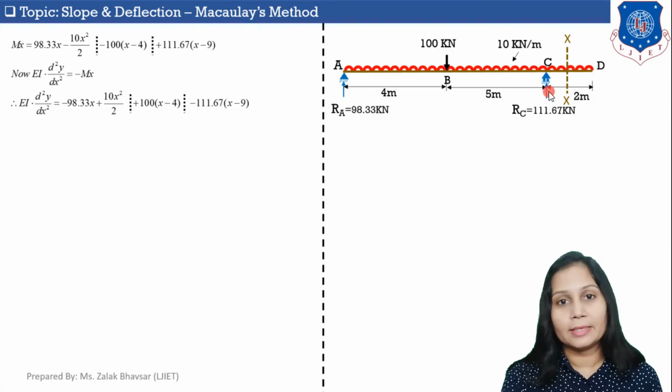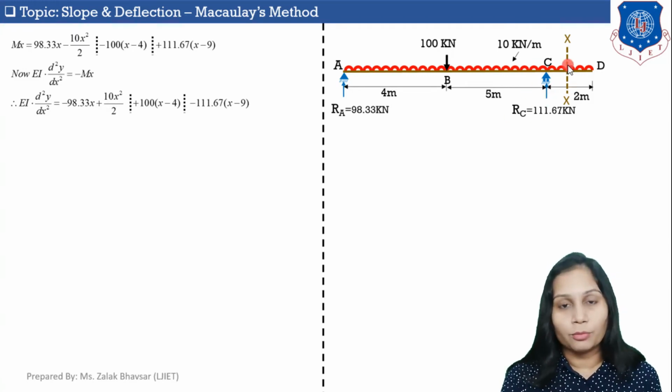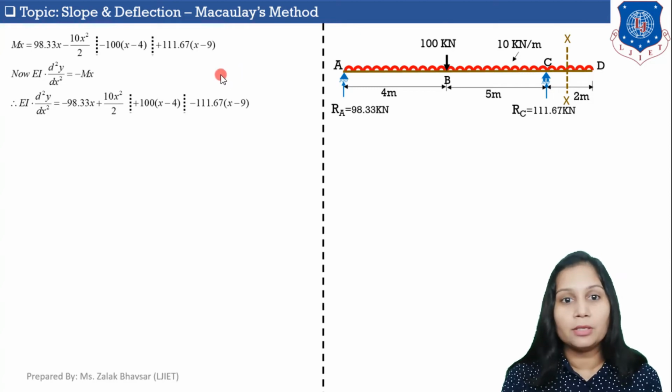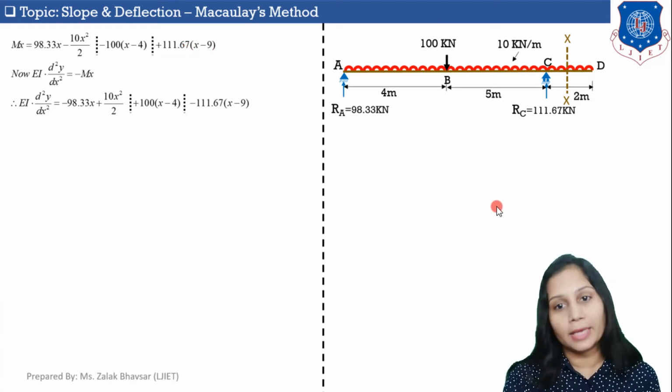This reaction RC is acting in an upward direction, so it will create clockwise moment about section XX, which is equal to 111.67 into distance between C and XX, which is equal to x minus 9. So moment of this RC about XX line will be equal to 111.67 into x minus 9.